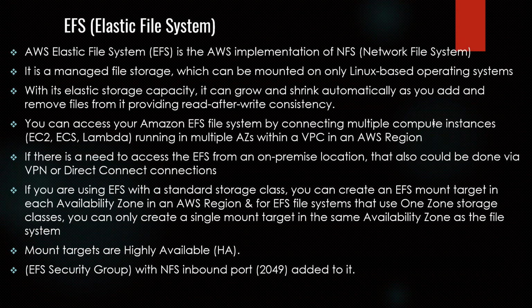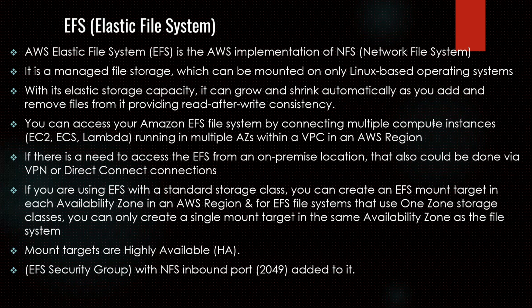We'll also explore that. With its elastic storage capacity, the size of Elastic File System can grow and shrink automatically as you add and remove files from the EFS. You can access your Amazon EFS file system by connecting multiple compute instances, whether it is an EC2 instance, ECS, or Lambda function.